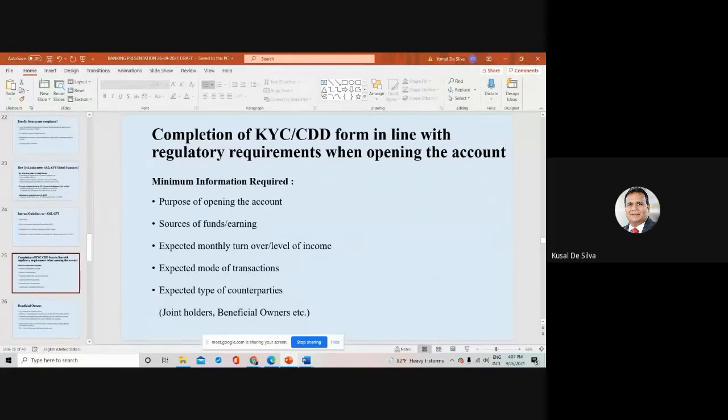If I declared my income is 10 million, or even without asking you just put 10 million on the form, what will happen is that up to 10 million you will not get a transaction notice from the system.